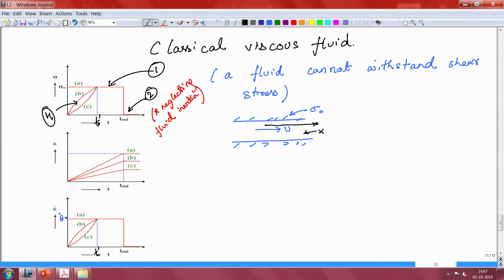They have reached very different values in this graph, and in the beginning, of course, this is just an idealization, the strain rate here remains constant. At the end of the experiment, at T end, you end up with different displacements.